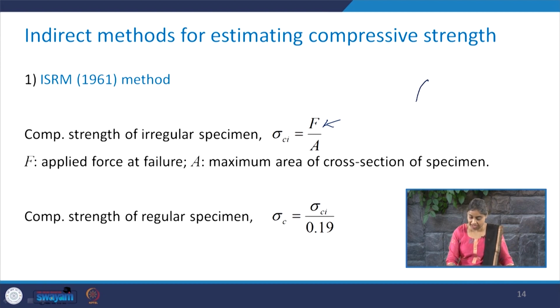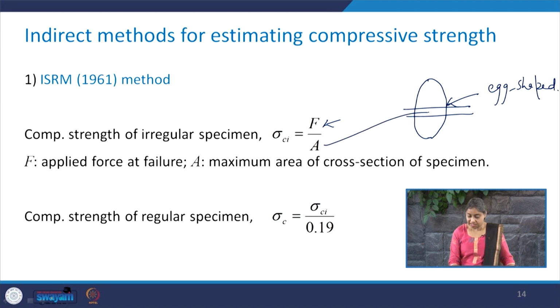If you have an egg-shaped specimen like this, it will have the maximum area somewhere in this zone. So this area is this one. This is what you will get for the irregular specimen.